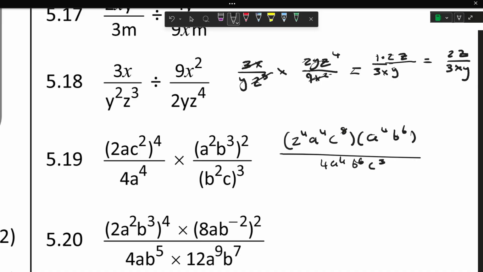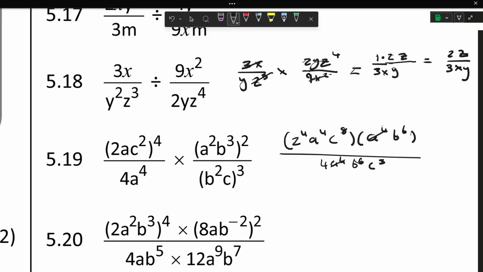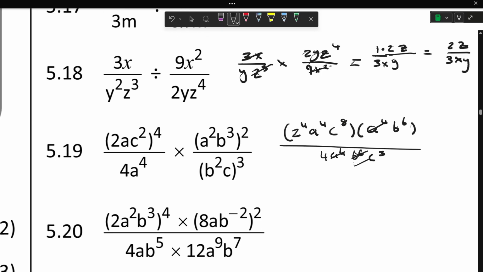I see a to the 4 on top, so it's going to disappear. I see b to the 6 on top, it's going to disappear. I see c to the 8 on top, so it's going to get a -3 on it.